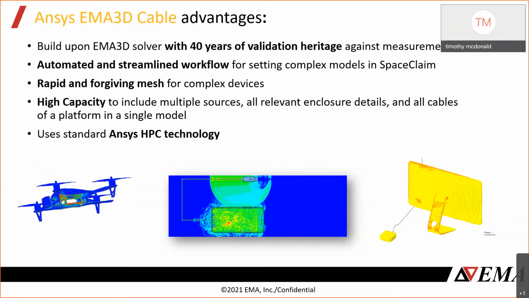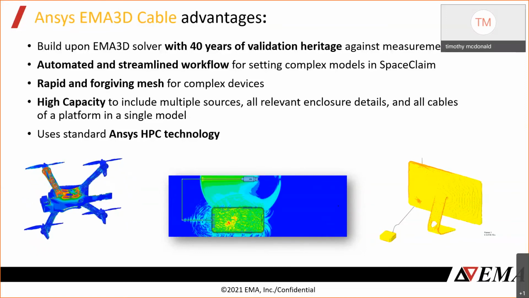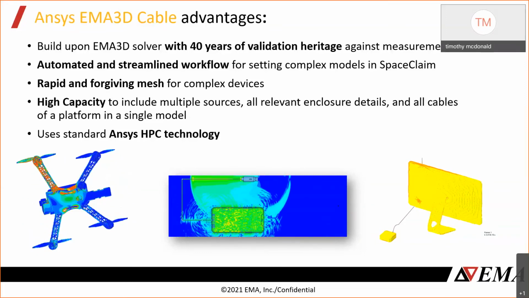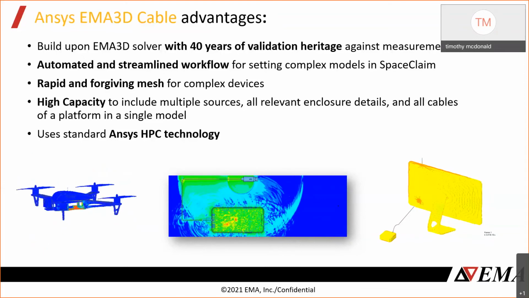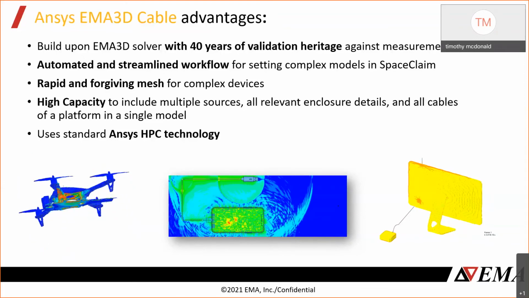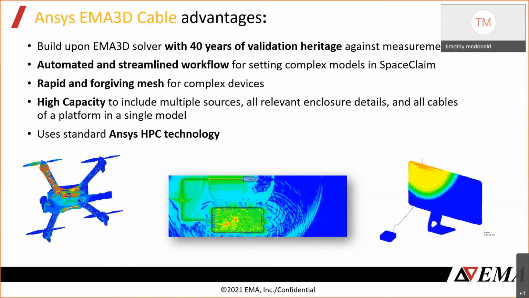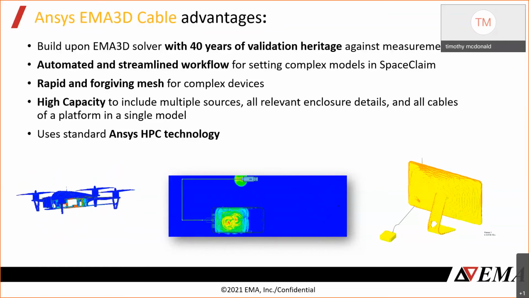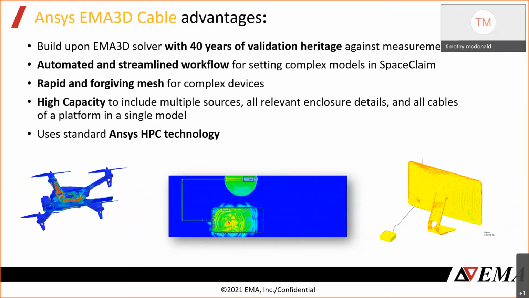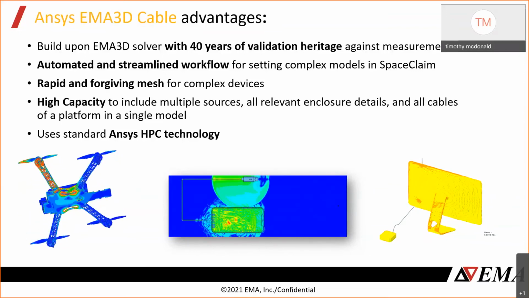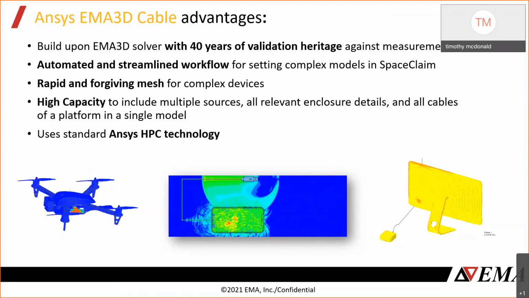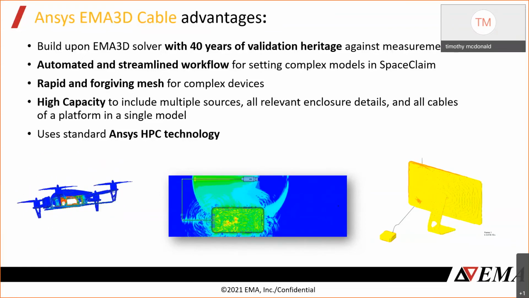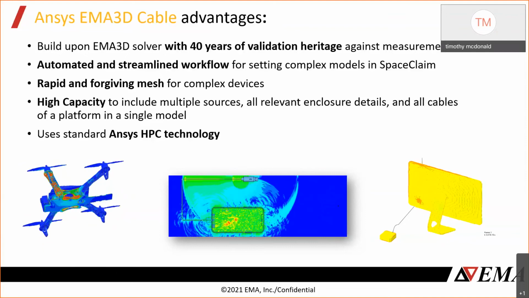And we're able to do that because of the rapid and forgiving mesh engine. So it is tolerant to some very sloppy geometry, so we don't have to spend a lot of time cleaning and preparing for meshing. And we have a huge capacity. We have an arbitrary number of sources. We can have all the enclosure details, all the cables. We've had products that have had hundreds of individual cable conductors.